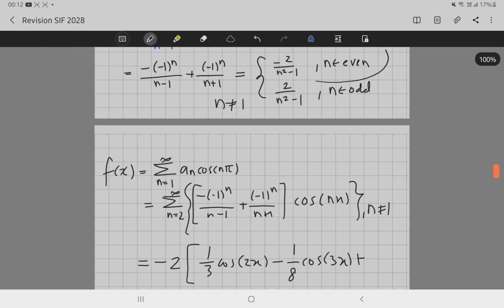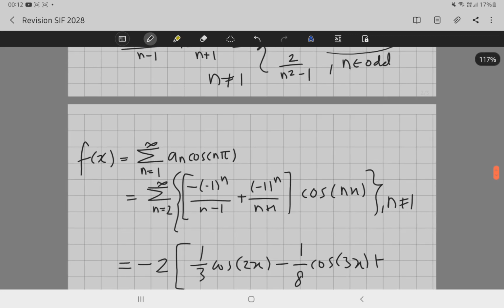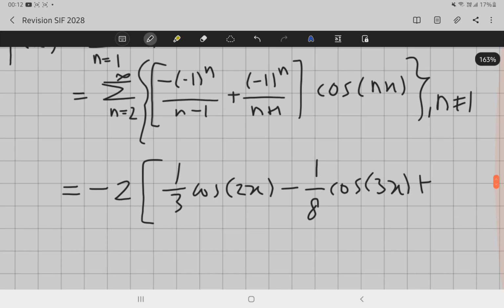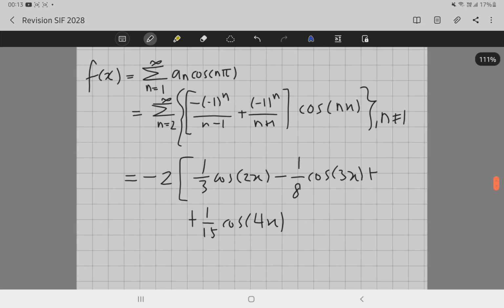So n equals 4, which is even. 1 by 4 square minus 1 is 16 minus 1 is 15. 1 by 15 cos 4x. Alright, so let me write 1 by 15 plus 1 by 15 cos 4x. Sorry, 4x, right? 16 minus 1 is 15, right?